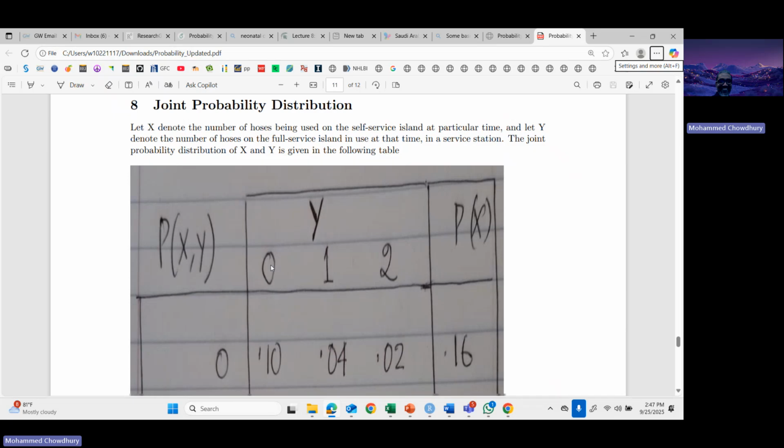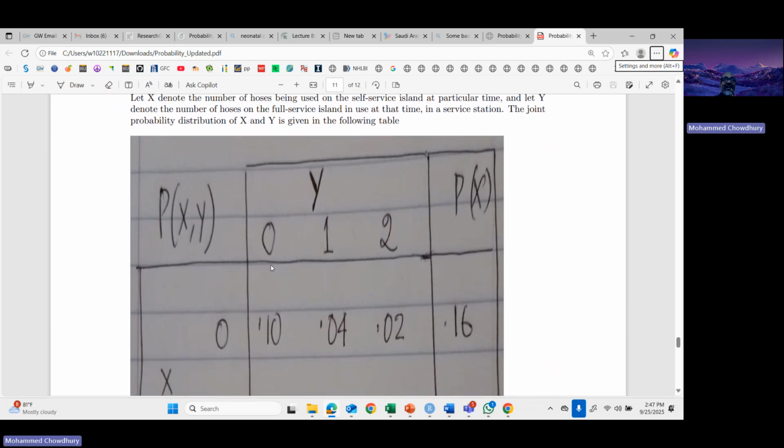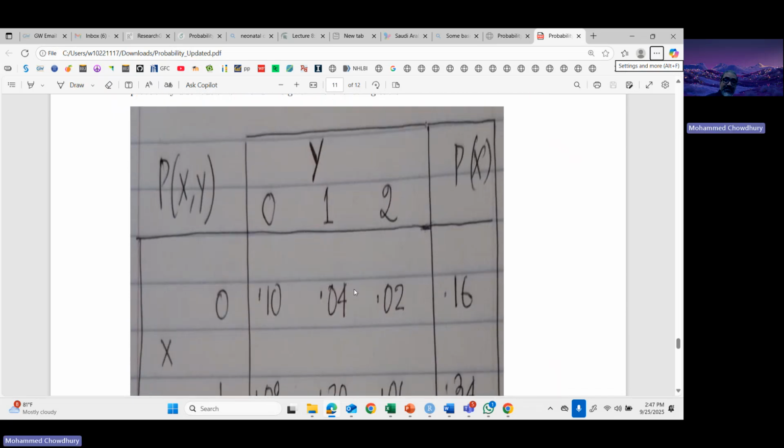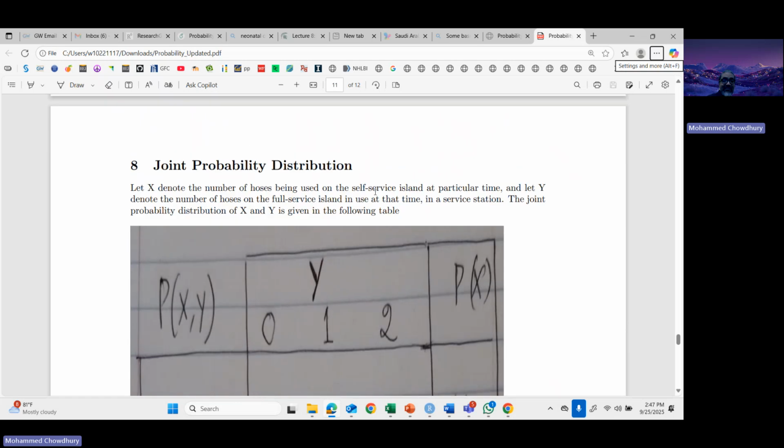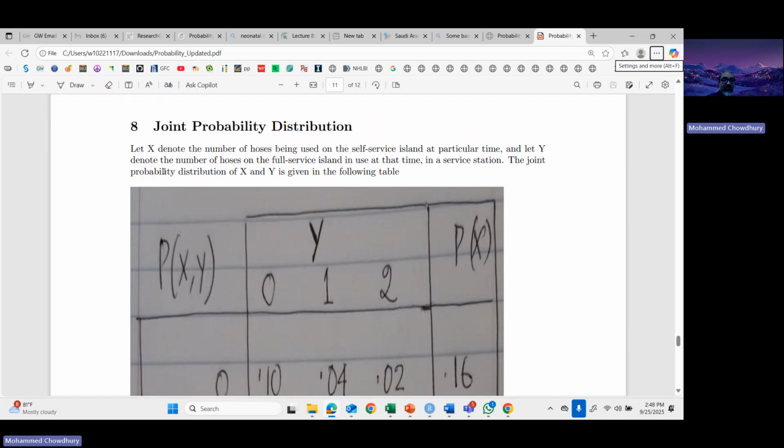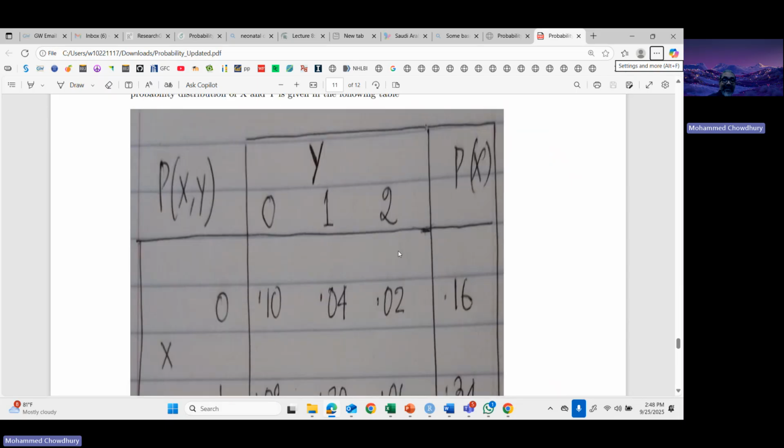So instead of giving this probability, I can say that X is self-service, right? The probability of no self-service uses and two full service uses is 0.02. In this way, I can verbally explain all of the things.